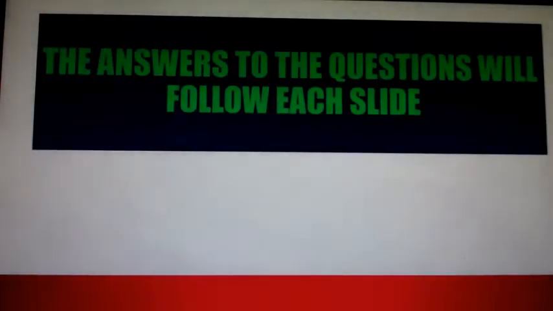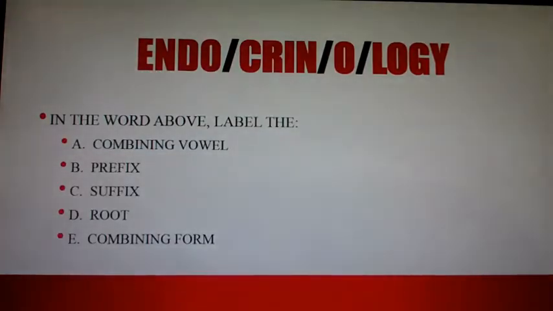Quiz time. The answers to the questions will follow each slide. In the combining word above, endocrinology, label the A, combining vowel, B, prefix, C, suffix, D, root, E, combining form.